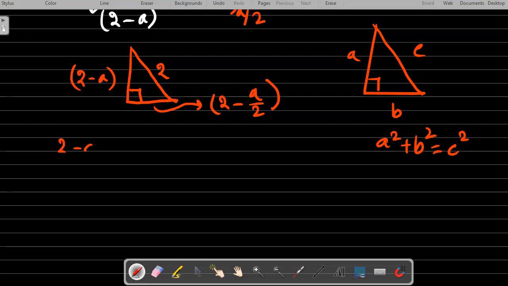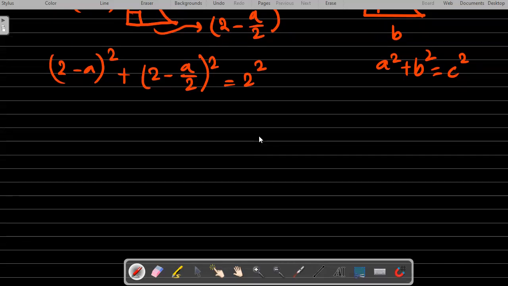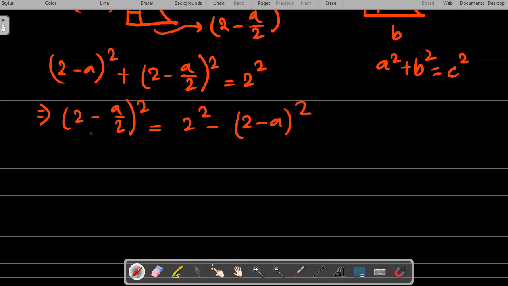So you will get (2 minus A) square plus (2 minus A by 2) square is equal to 2 square. Now solve this for A. So you get (2 minus A by 2) whole square equal to 2 square minus (2 minus A) whole square. So here you will get 2 square minus 2 into 2 into A by 2 plus (A by 2) whole square.